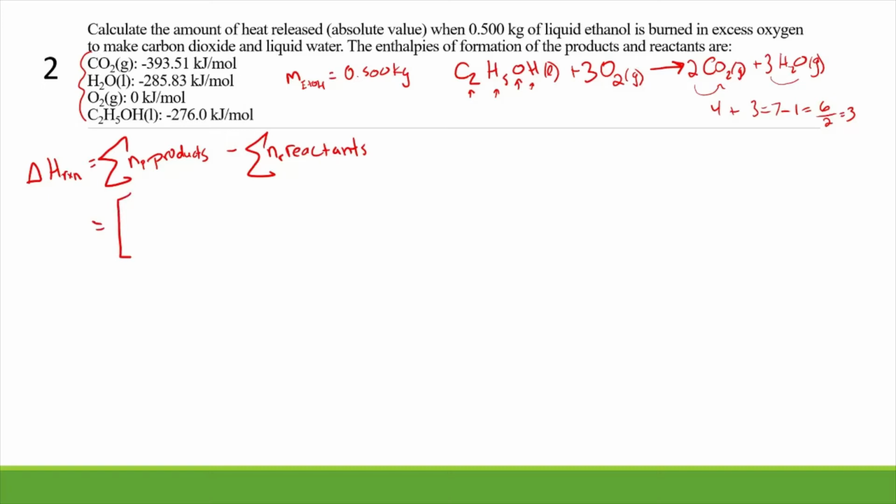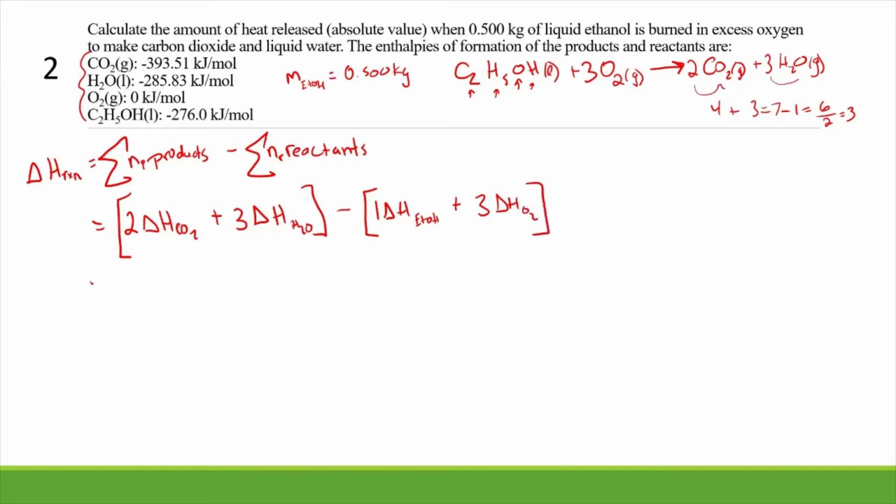So on our product side, we have 2 times delta H of CO2 plus 3 times delta H of water minus 1 times delta H of ethanol plus 3 times the delta H of oxygen.